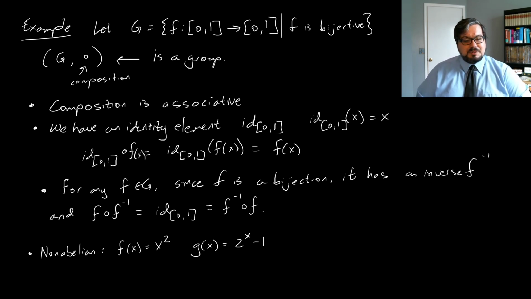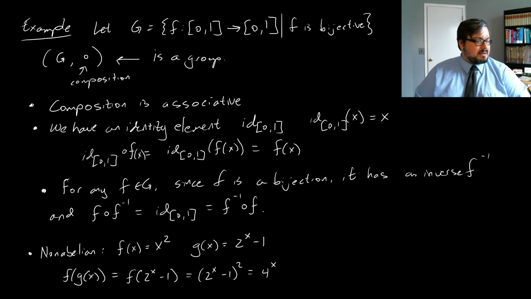But if we compose them in two different ways, f of g of x is equal to f of 2 to the x minus 1, which is 2 to the x minus 1, squared, which gives us 4 to the x minus 2 to the x plus 1 plus 1.